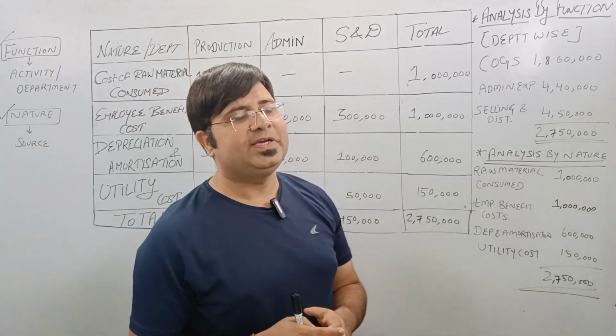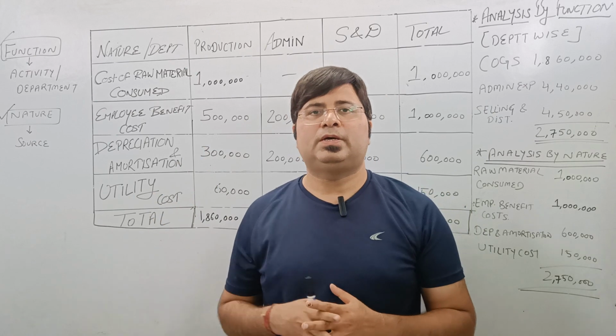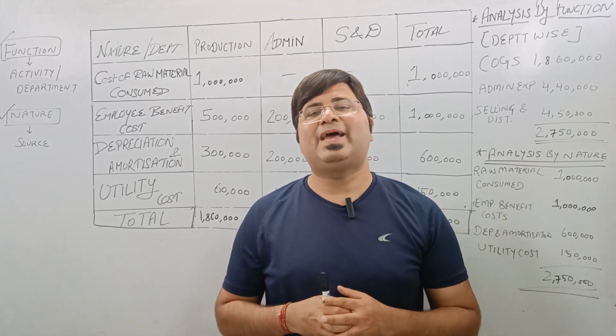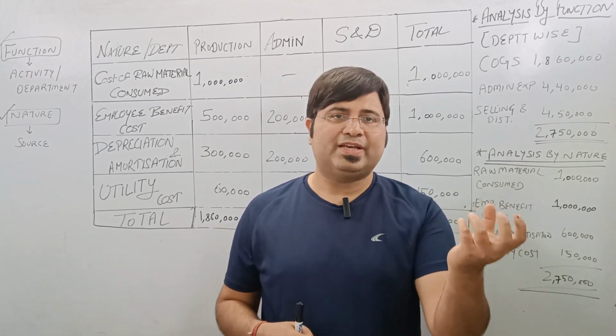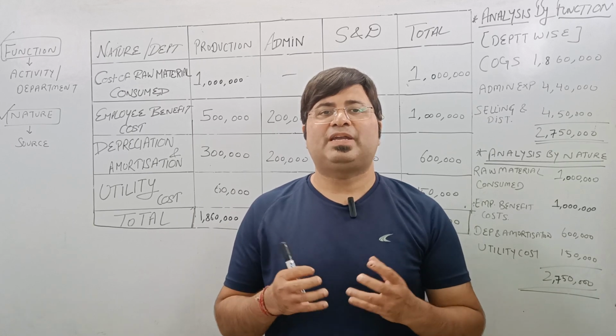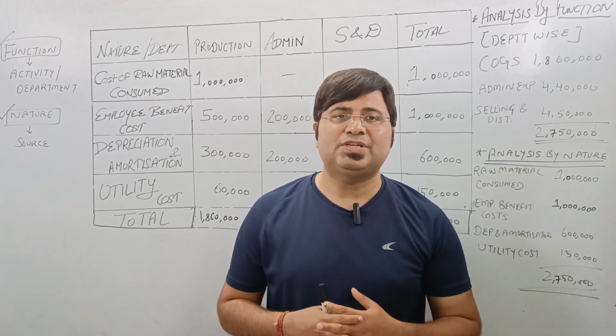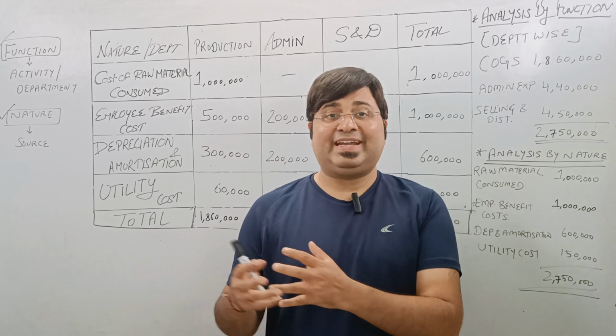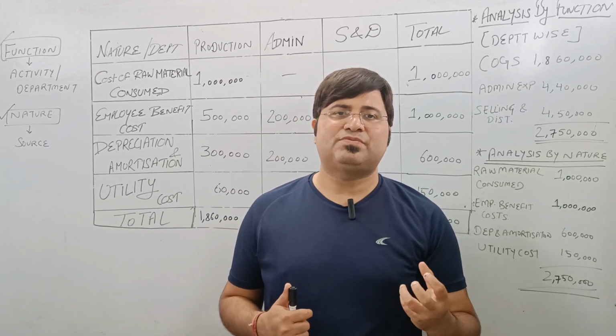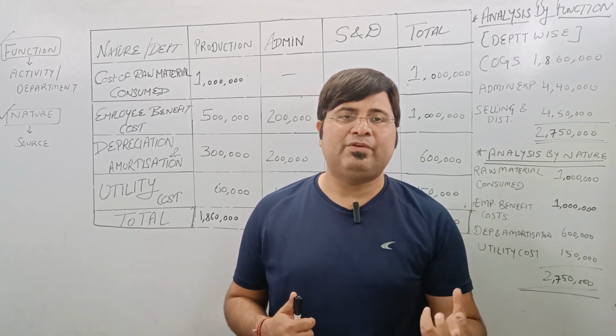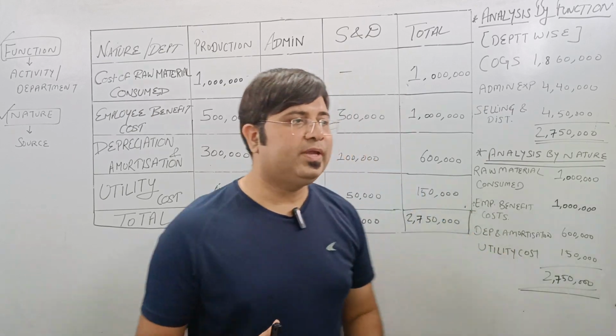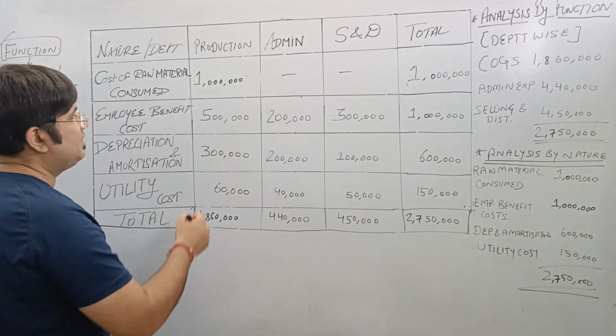In general language, by nature means the source of the expense, and by function means the activity, the expense which pertains to a particular activity or department. So in that way I have created this table.